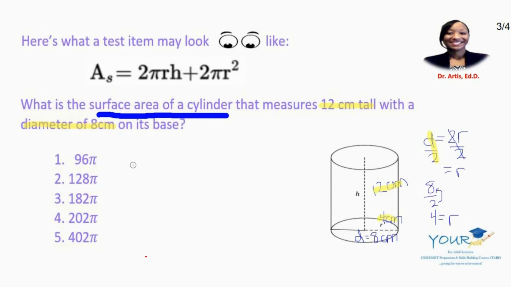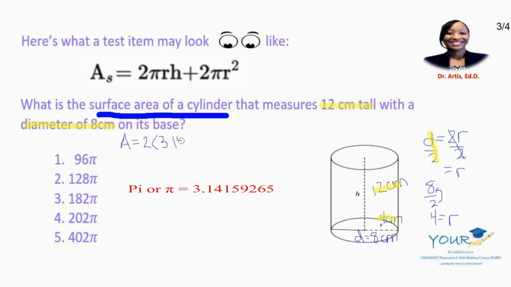So A equals, let me write that here because I'm going to need more space. So here we have A equals 2 times pi, and the value of pi is 3.14.